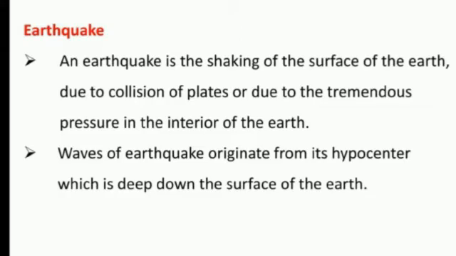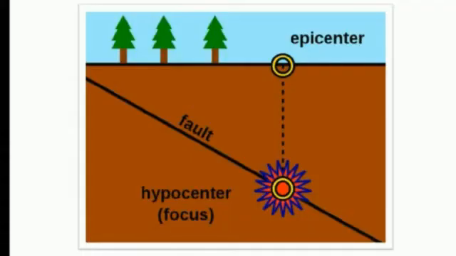Now basically during an earthquake, what actually happens, from where is the energy getting released, from where are the vibrations getting released? It's very important for us to know. Waves of an earthquake originate from its hypocenter, which is deep down below the surface of the earth. So the waves of an earthquake actually start from the hypocenter.